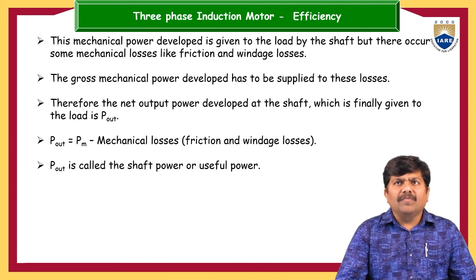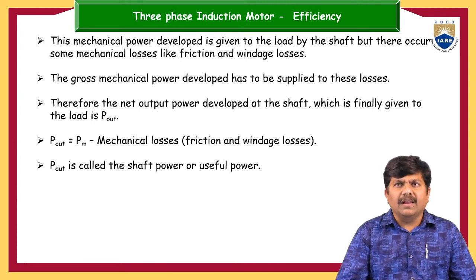Then this mechanical power developed is given to the load by the shaft, but there occur some mechanical losses like friction and windage losses. So the total output power of the 3-phase induction motor is the gross mechanical power developed minus mechanical losses. So P output is finally the shaft power or useful power we are going to extract from the 3-phase induction motor.